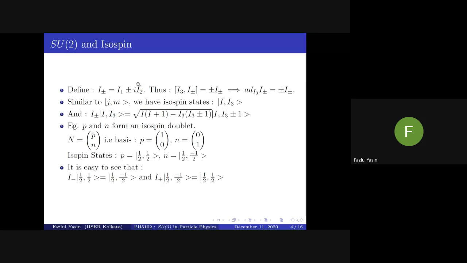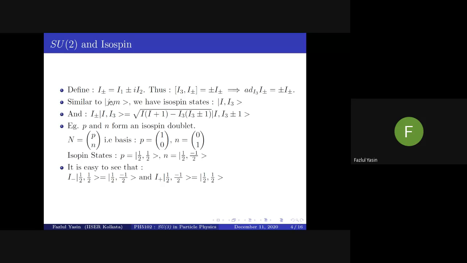And we recast I1 and I2 as I plus minus, known as the shifting operators, as I1 plus minus i I2. And we find that the commutator of I3 with I plus and I minus can be written in this manner, and this basically implies that I plus and I minus are eigenstates of adjoint I3 with eigenvalues plus 1 and minus 1.